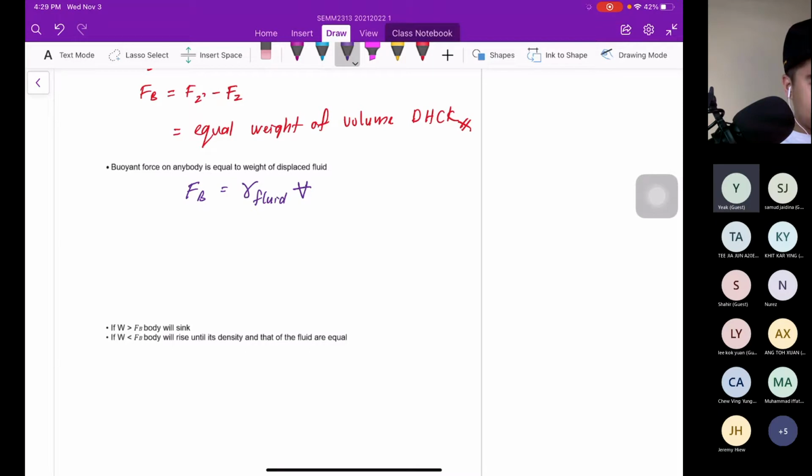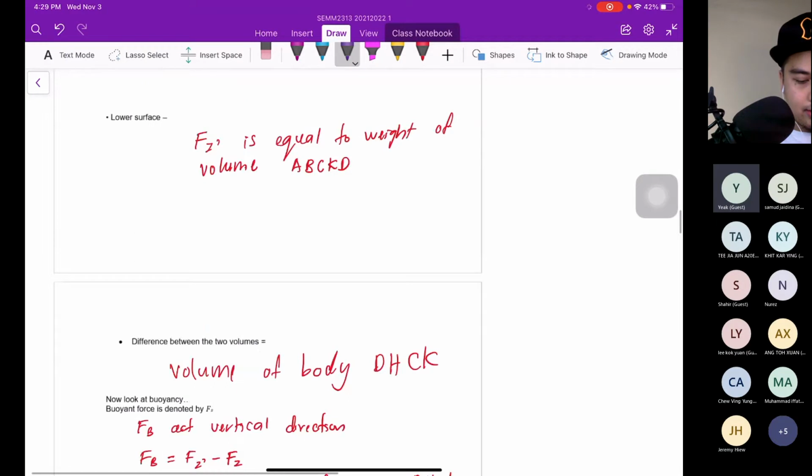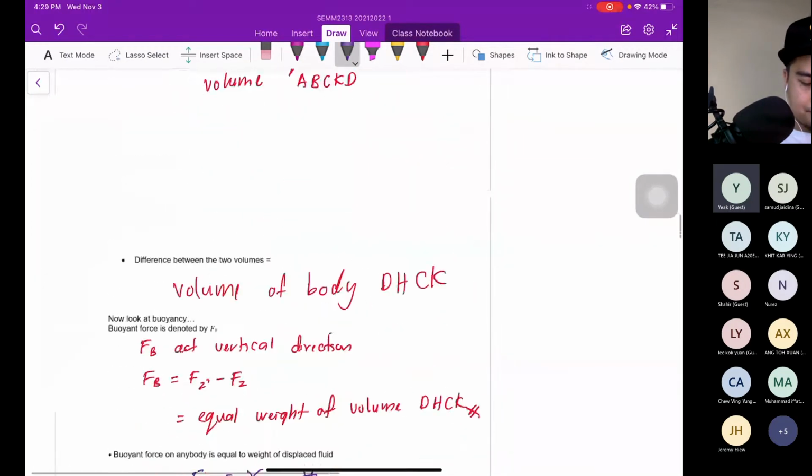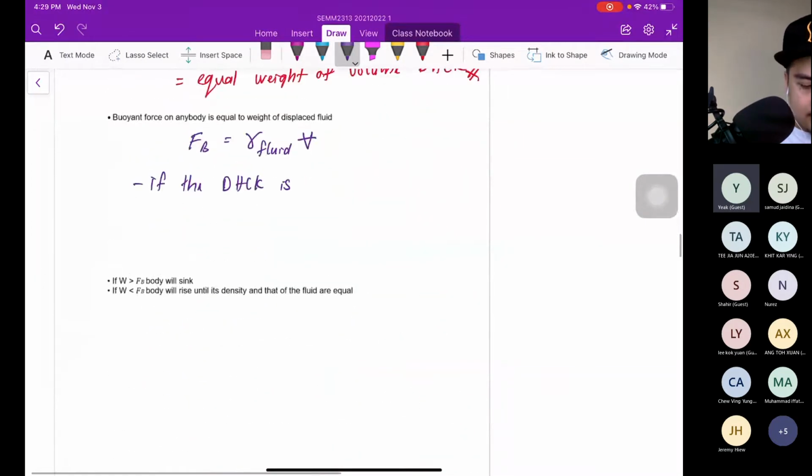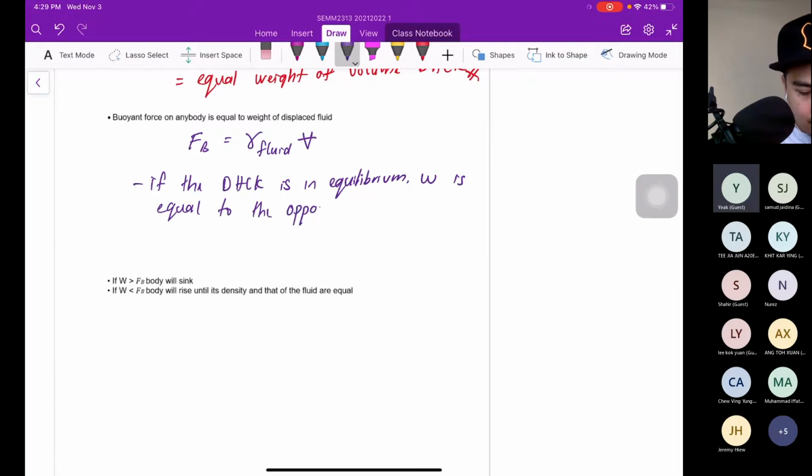If the small one, the purple color, is in equilibrium, W is equal and opposite to FB, which means that the density of the body and the fluid are equal.